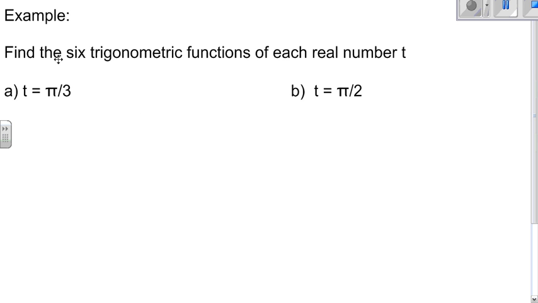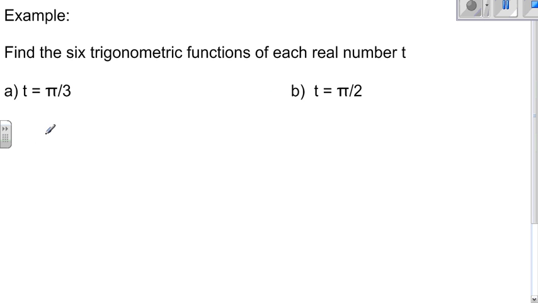So let's find the 6 trigonometric functions for each number here. So first we have pi over 3. If we're using the hand trick, pi over 3 is related to our pointer finger.